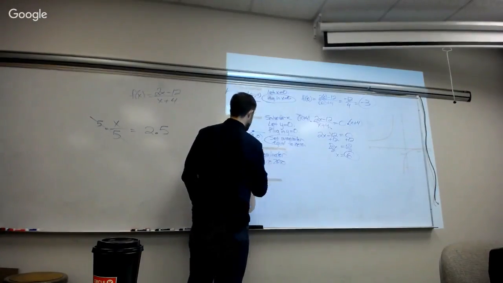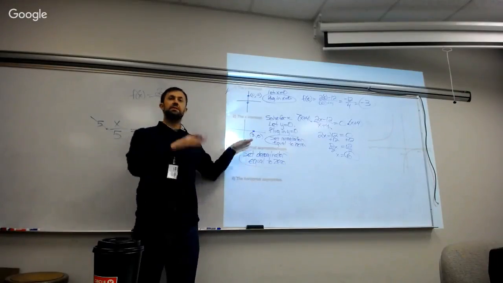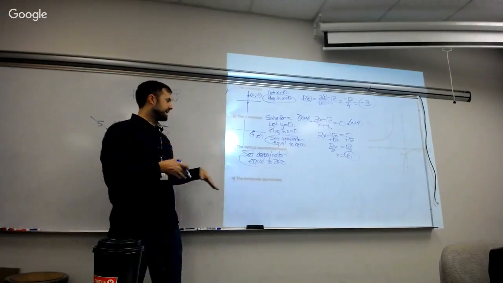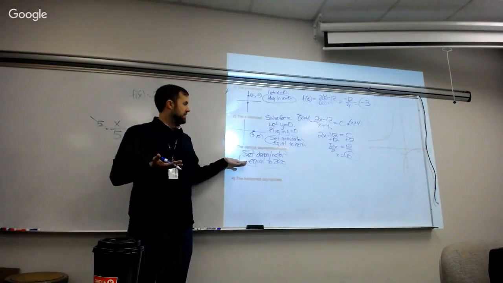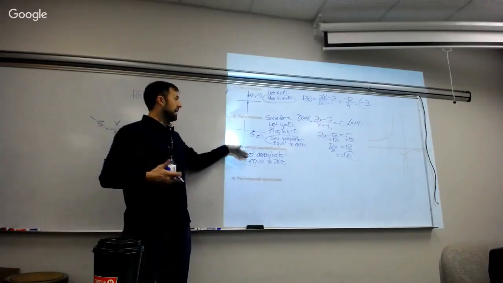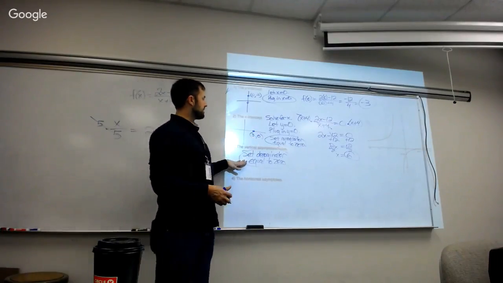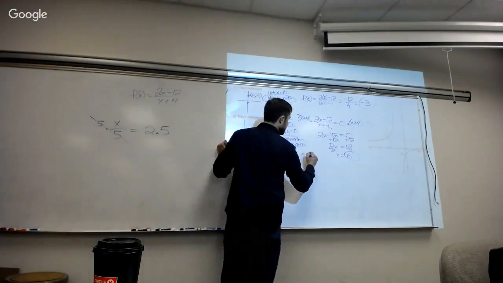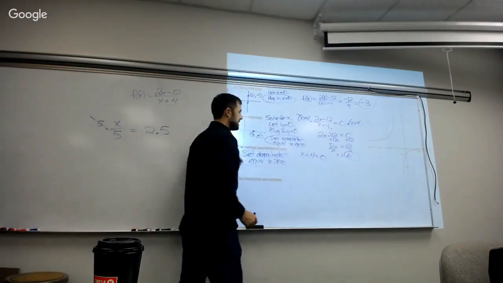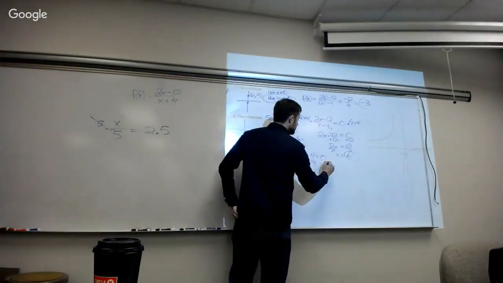You set the numerator equal to 0 and solve for intercepts; you set the denominator equal to 0 and solve for asymptotes or holes. Because what we're really saying is, when is the denominator going to equal 0? Whenever the denominator equals 0, I'm going to get an asymptote or a hole. So we set the denominator, which was just x plus 4, equal to 0 and solve for x.